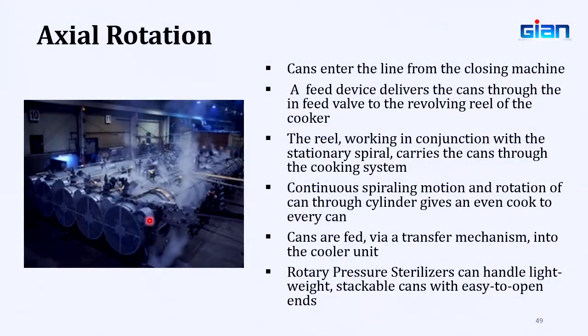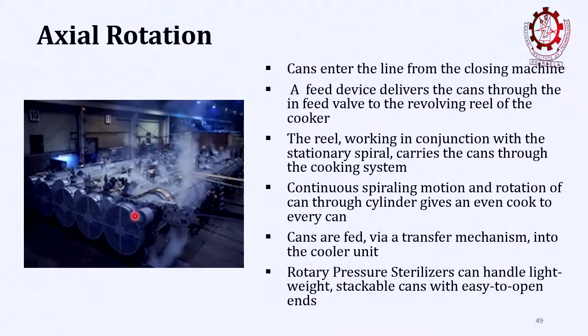The way it rotates is that you have a very horizontal, very long retort, and on the vessel there is a cage going spirally from one end to another end. In that spiral cage, you have a can which is fixed in this, and it is rotating, and that rotation is along the axis. So that's why it is known as axial rotation.